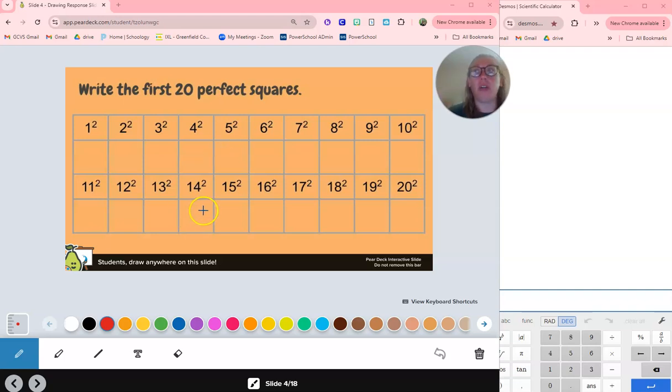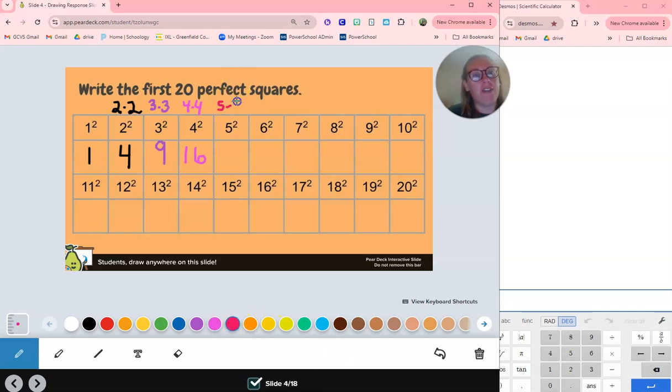So 1 squared is 1 times 1, which is 1. 2 squared, which is 2 times 2, gets us 4. 3 squared, which is 3 times 3, gets us 9. Notice the pattern. 4 squared, which is 4 times 4, gets us 16. Right? We're just using multiplication to find these perfect squares.